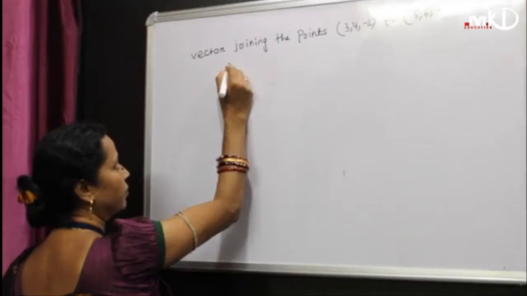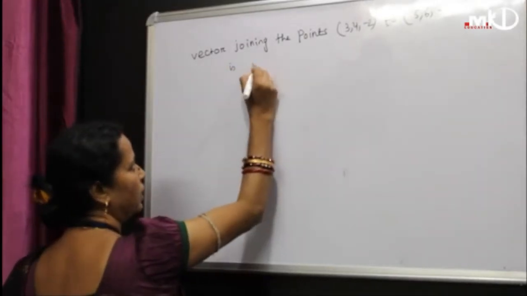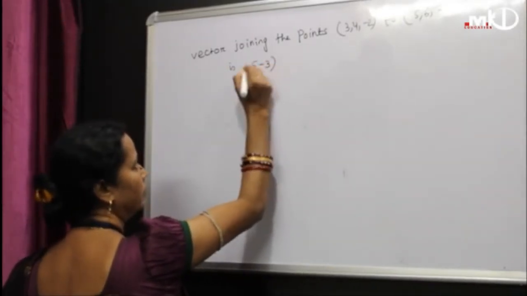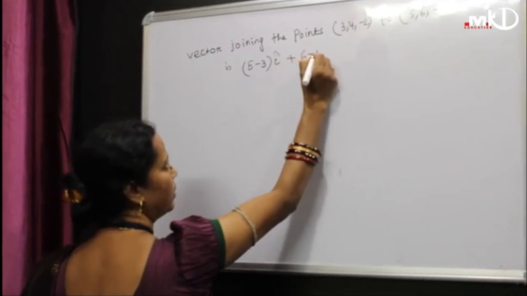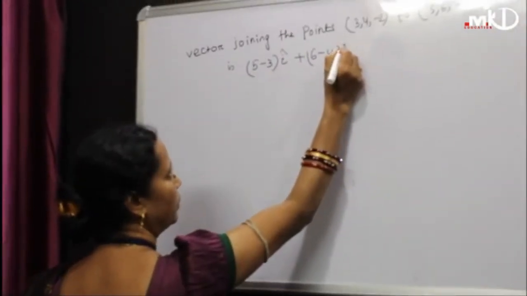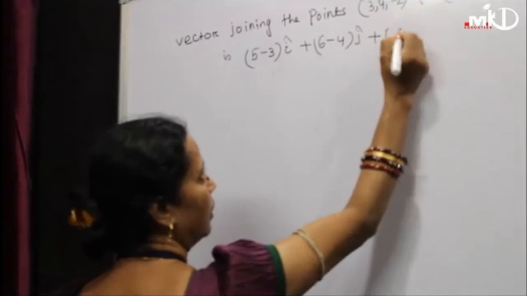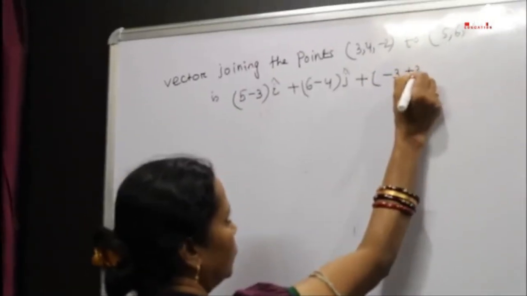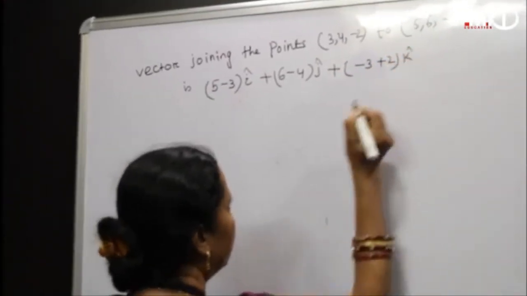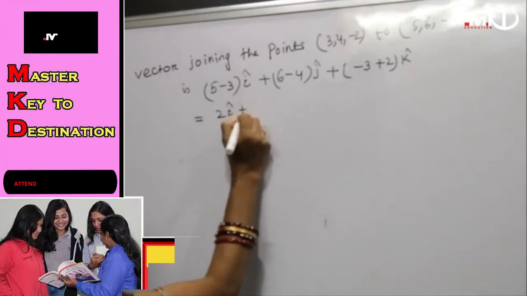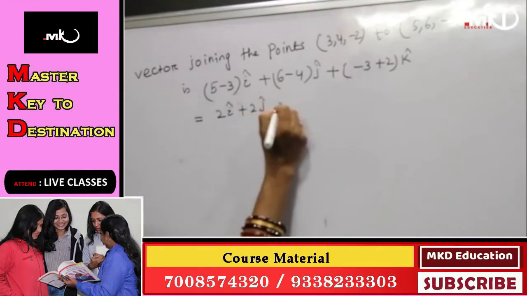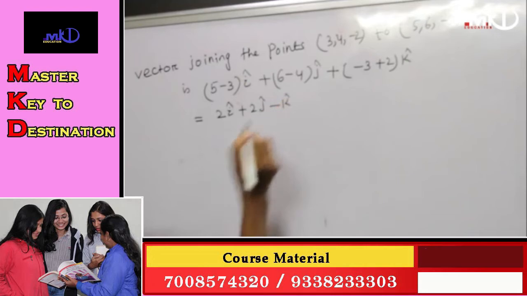It is (5 minus 3) i cap plus (6 minus 4) j cap plus (minus 3 plus 2) k cap. So it is equal to 2i cap plus 2j cap minus k cap.